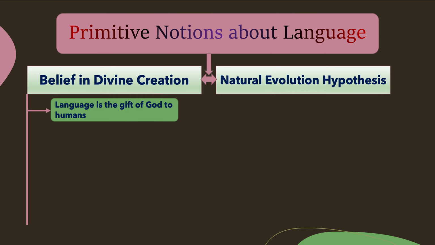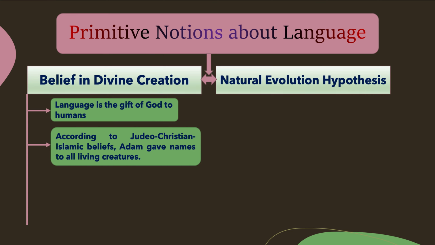That is why we call language the gift of God to humans. One more thing to keep in mind is that this is a strong belief. People have long been in faith that like many other things created by God, language is one of the things created by God. That is the point here.